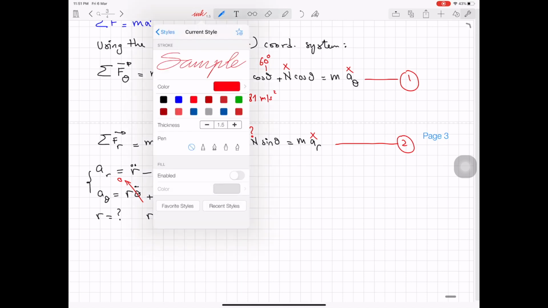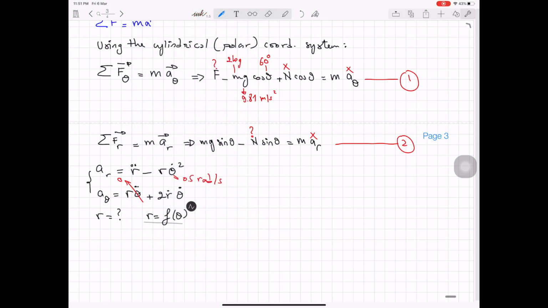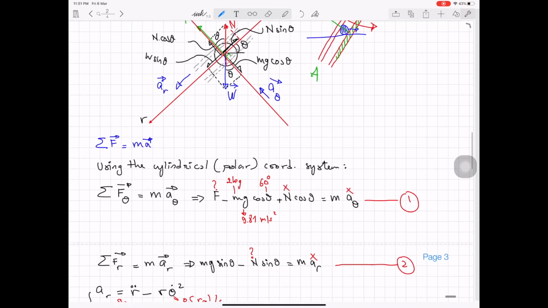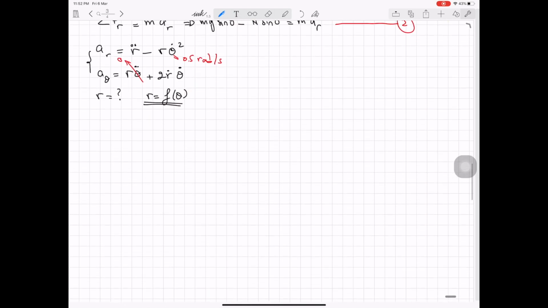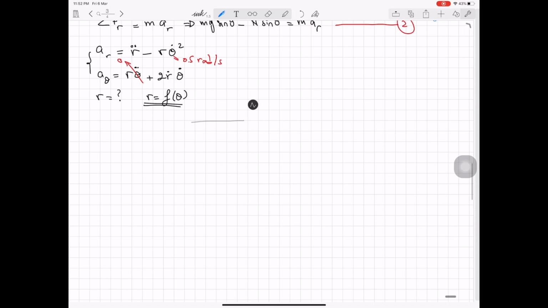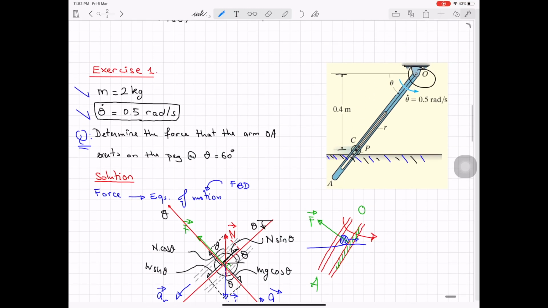Now how do I calculate R as a function of theta? If you notice, we have the height or the vertical distance between O and C equal to 0.4 meters. So if you look at the triangle, we have here 0.4 meters. This is R and this will be theta. So we are looking at this triangle.